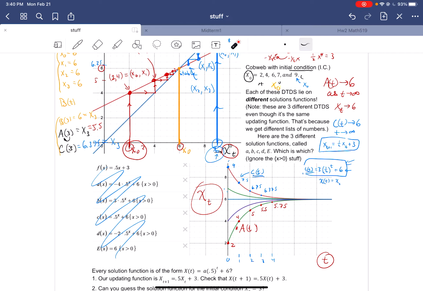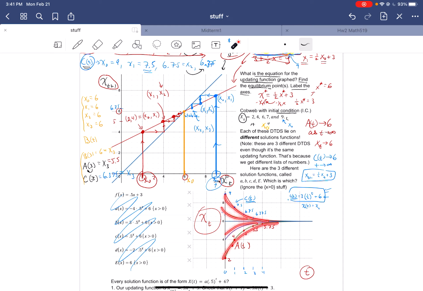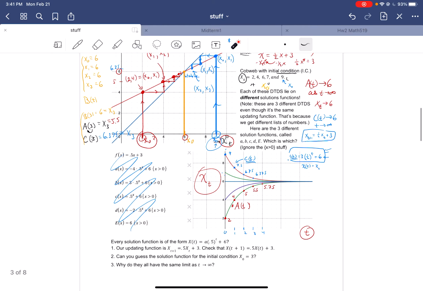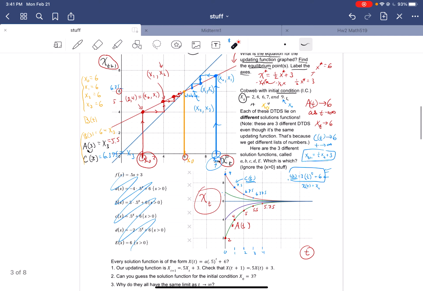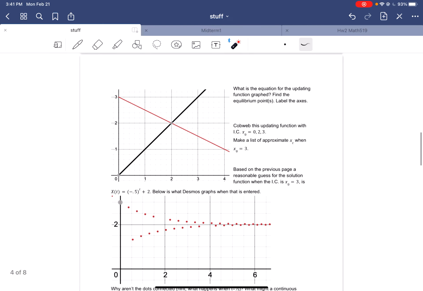Those are the big takeaways: depending on how your path behaves, you can deduce a little bit about how your solution function will behave. If your equilibrium is stable, then your solution functions will be drawn towards it, and all of these are just different initial conditions. I go into more detail here, but it doesn't really matter. That's the main takeaway. Let's do this exact same thing again.